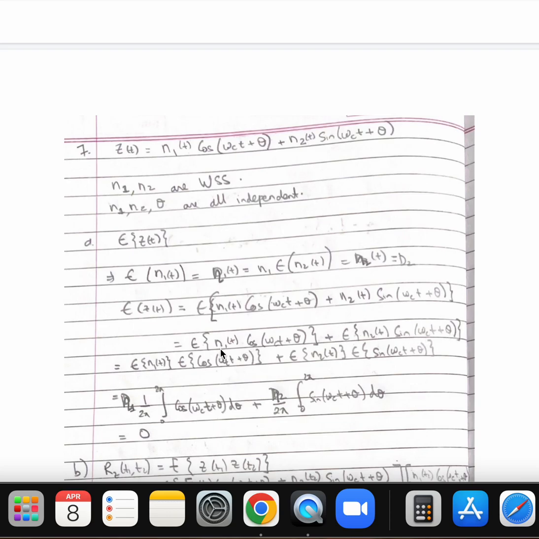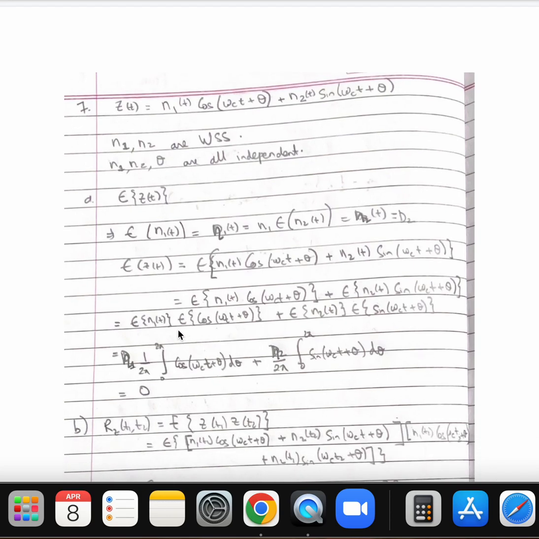Further, we can also split the eta 1 and cos theta terms again, which dissolves this into two expected values. The first one is the expected value of eta 1 times the expected value of cos(omega_c t + theta), plus the expected value of eta 2 times the expected value of sin(omega_c t + theta).